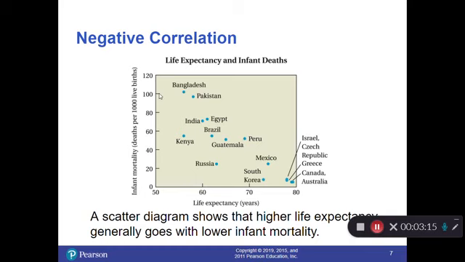But as we go further, we can see this has a downward trajectory, because for other countries, as their life expectancy goes up, the infant mortality goes down. Since one variable is going up and the other is going down, we have a negative correlation here. I would say this does not have quite as strong a correlation as the last graph because these points are a little more spread out.